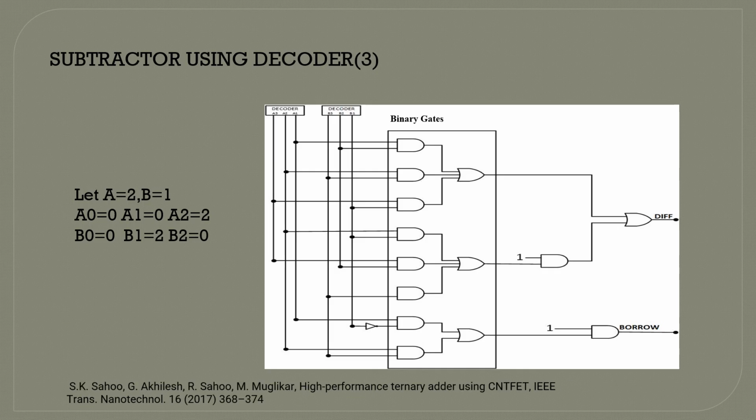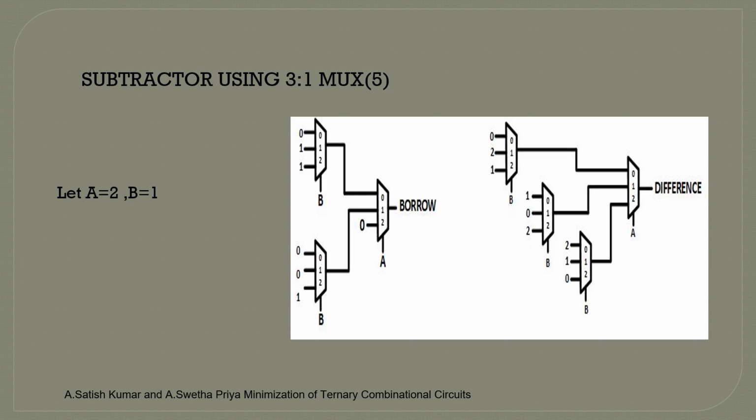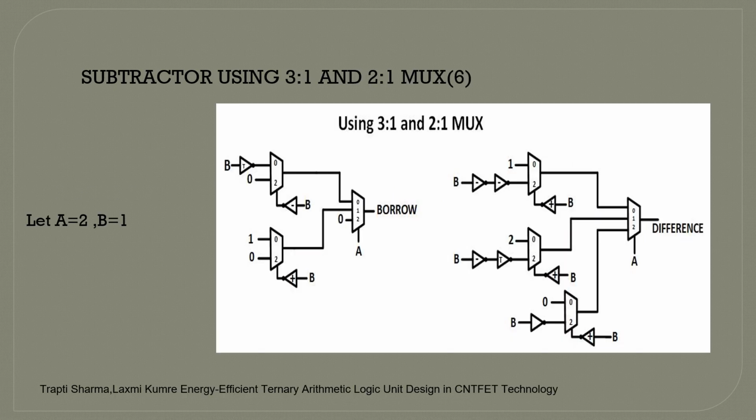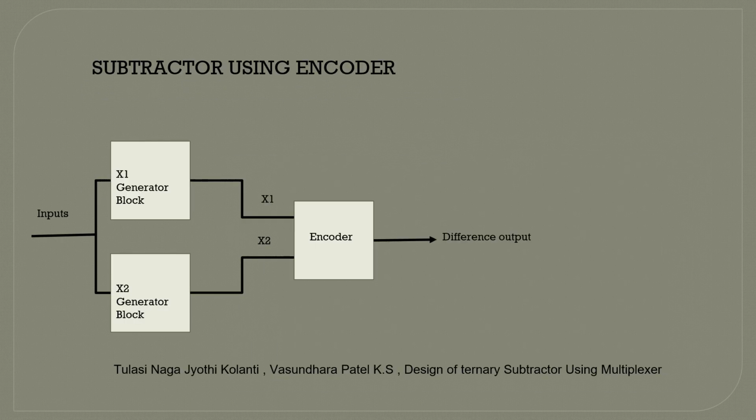Here we have used AOL logic, and the fourth circuit is designed using decoders and NAND gates. This was designed using a 3:1 mux, this using 3:1 and 2:1 muxes, and this the 2:1 mux. We can see that from decoder based to 2:1 mux based, the power consumption and propagation delay were reduced. This was the methodology we used for designing our project's approximate and accurate subtractors.